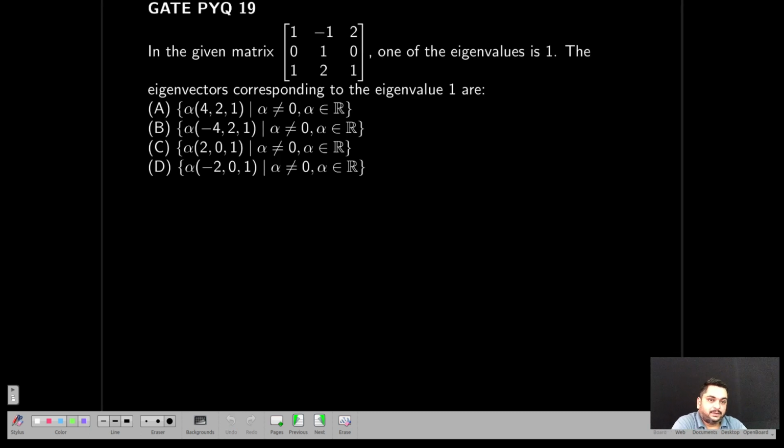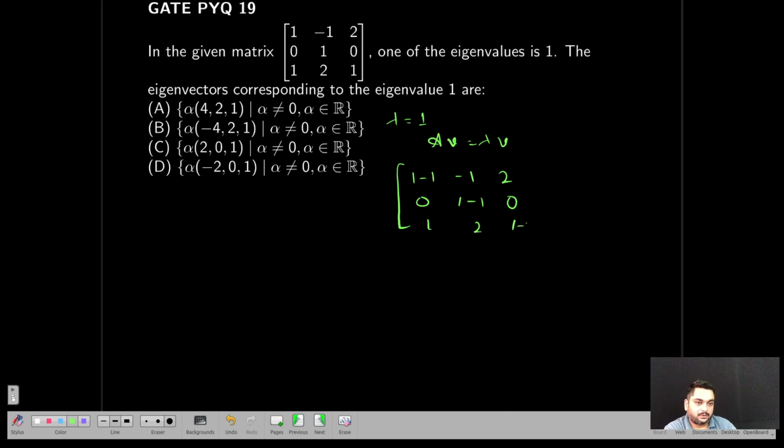Next. In the given matrix, one of the eigenvalues is 1. The eigenvectors corresponding to the eigenvalue 1 are. Okay, so the eigenvalue is already given. To find the eigenvector, that is AV equal to lambda V. What is A? This is this matrix. So 1 minus 1 minus 1, 2 0 1, minus 1 0 1 2.